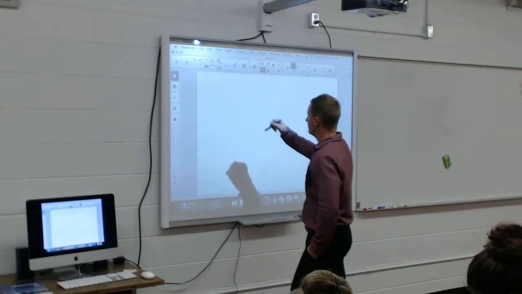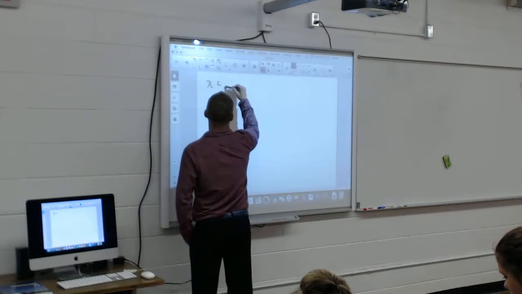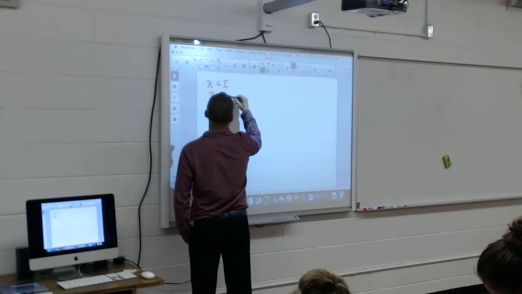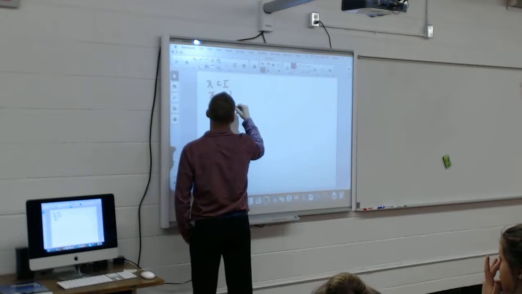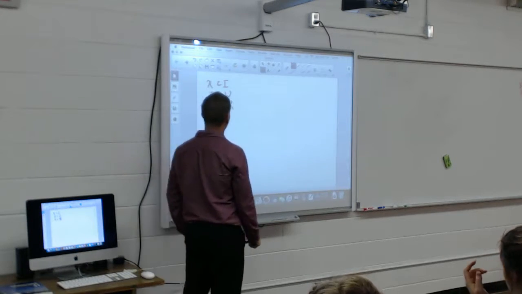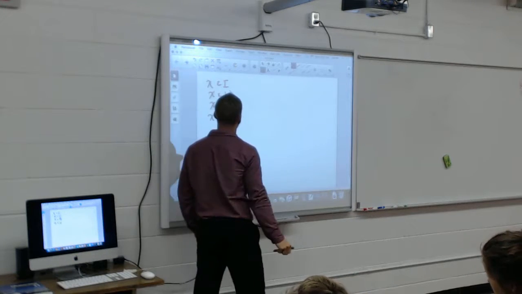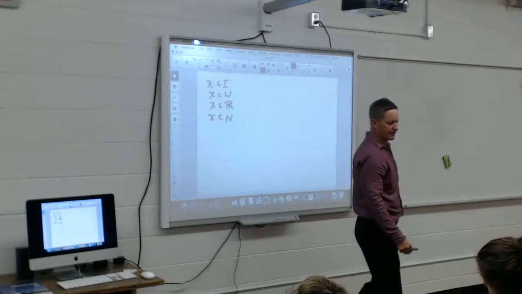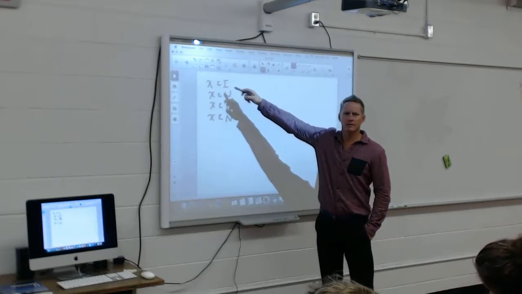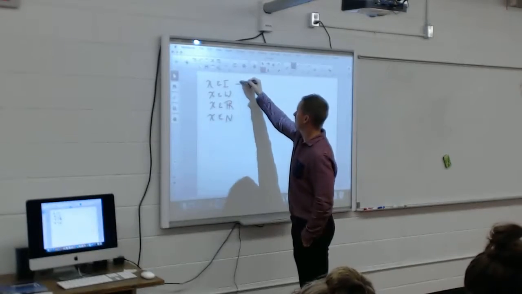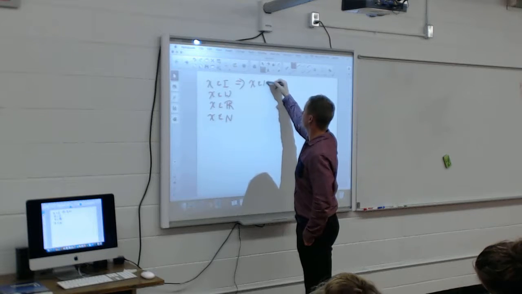So you'll see this notation. I suppose there is this one, but we don't use it a whole pile.